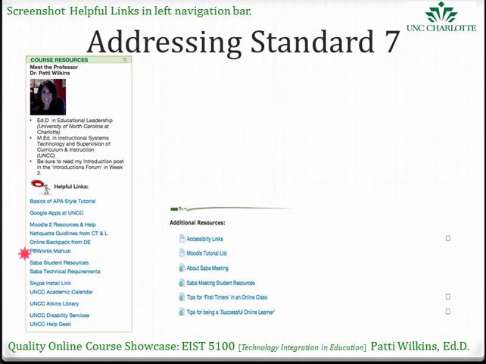Then on the bottom right-hand side, again, the additional resource areas, the accessibility links is essential. In an online course, many times our students log on from various devices. They might log on from a mobile device, a netbook, a PC, a desktop, whatever. So the students need to know the different resources that I'm using in this course.